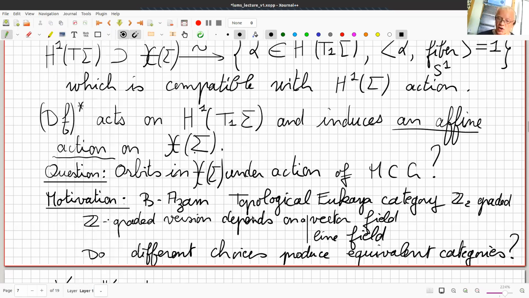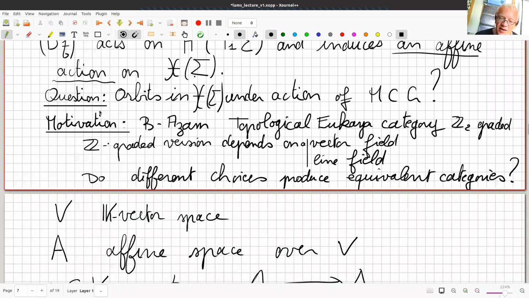And our question is, do different choices of the vector field or of the line field produce equivalent categories? For this question, we need to know the answer. And in fact, the answer is not very complicated, and you can find it in the literature, but I will explain this.